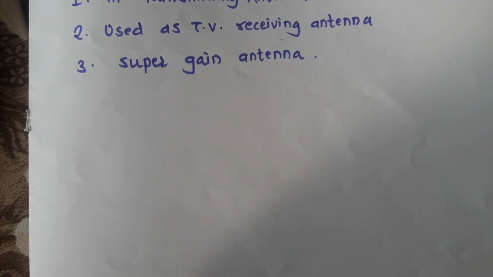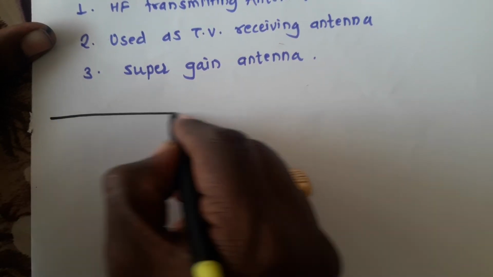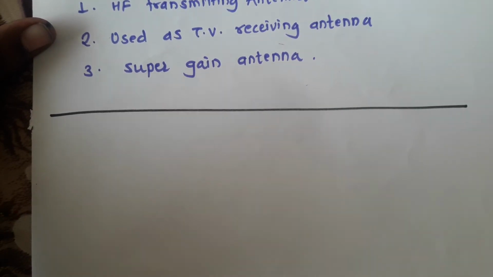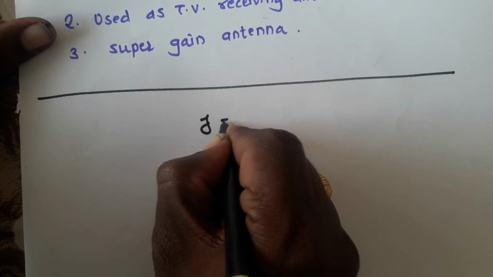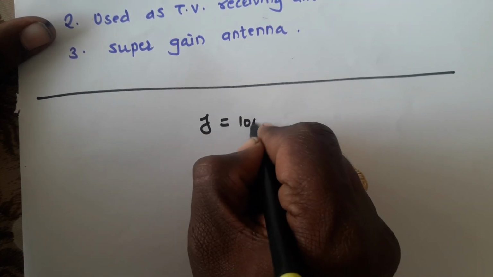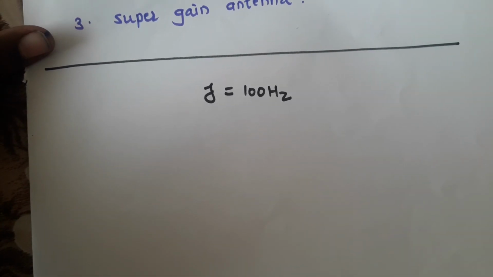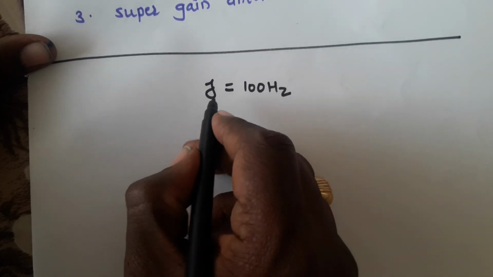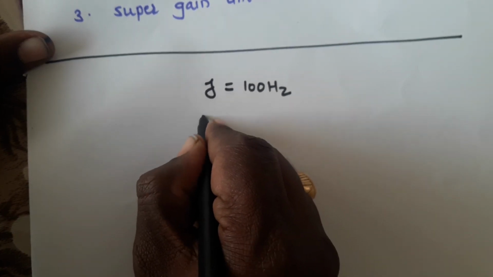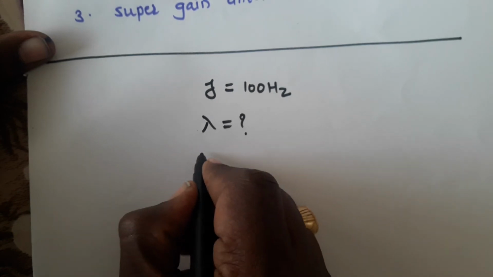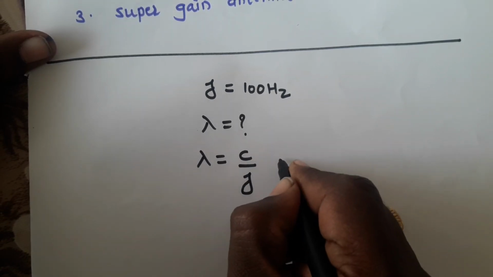Now if anyone asks you to design a 3-element Yagi-Uda antenna for 100 Hertz frequency, suppose I take the example f is equal to 100 Hertz. To design a Yagi-Uda antenna for 100 Hertz, let us first calculate its wavelength. We must know the wavelength. To calculate it, we have the formula lambda is equal to c by f.